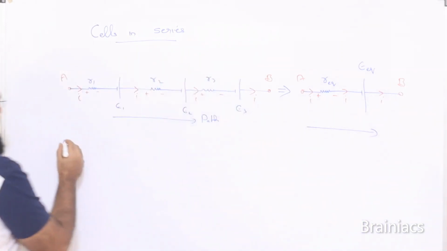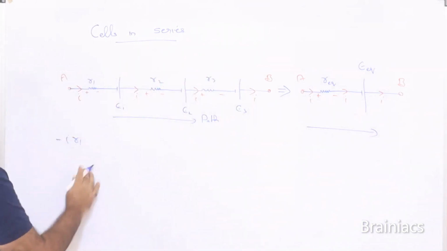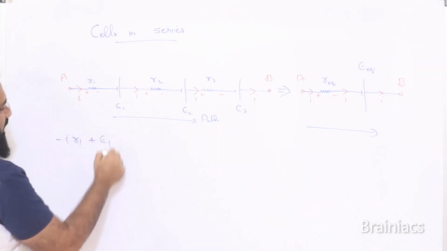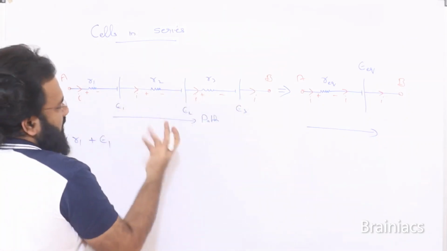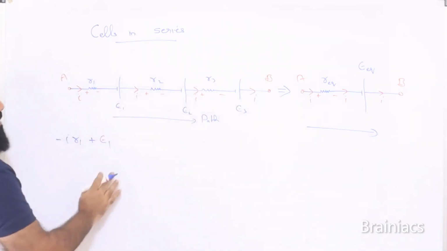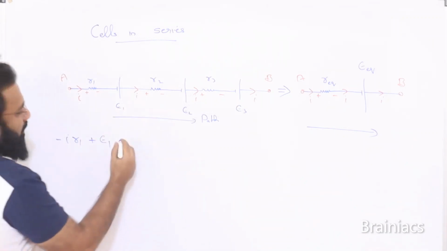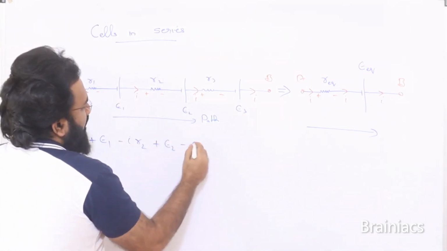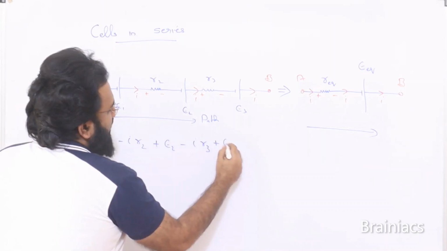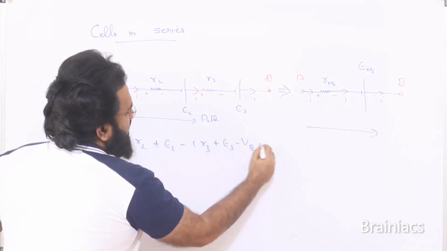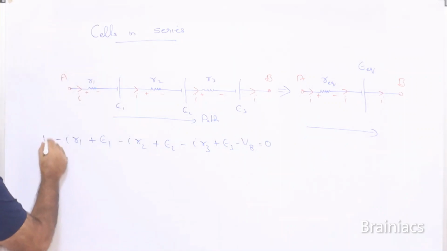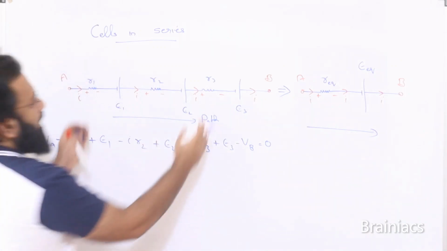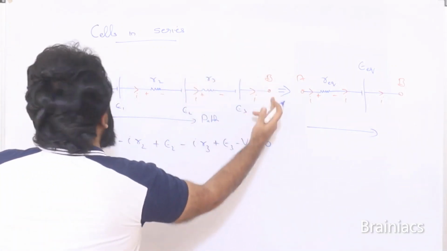Okay, so now minus IR1 plus E1. It's our wish in whichever way we take, but we need to stick to one sign convention to avoid confusion. So minus IR2 plus E2 minus IR3 plus E3 minus VB is equal to 0. So here VA minus VB, whatever difference is there, that will be in between these two terminals.